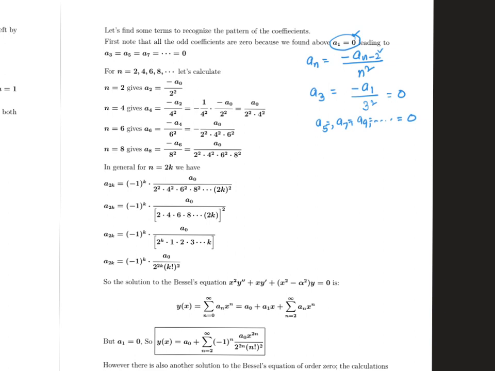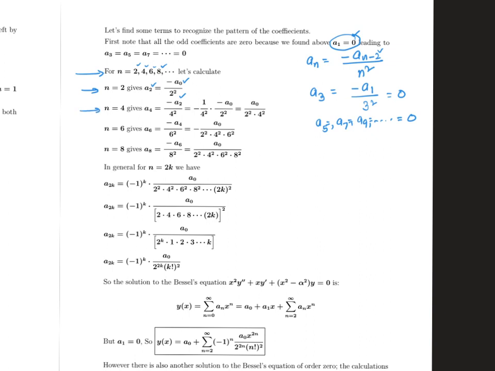Now that makes our life a little bit easier. We are going to consider only the even subscripted coefficients, that is n is equal to 2, 4, 6, 8, 10, etc. So if we put n is equal to 2, this is what we get: a sub 2 is equal to negative a sub 2 minus 2, which is a sub 0, divided by 2 square. Very easy, we found it.